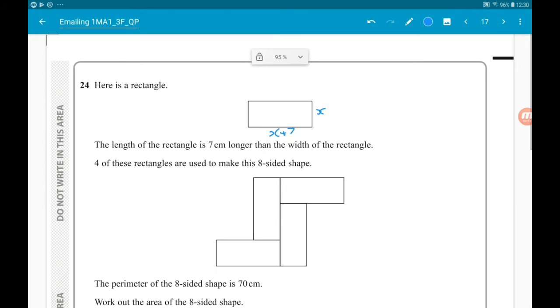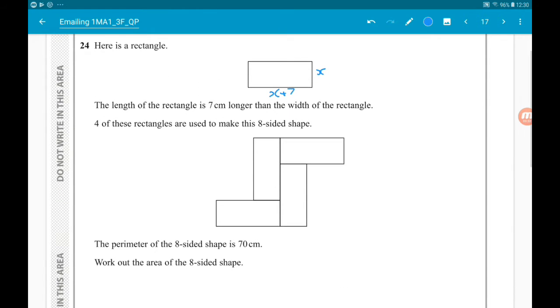Okay, back to the story. So we're then told 4 of these rectangles are used to make this 8-sided shape. The perimeter of the 8-sided shape is 70 centimeters. We want to work out the area.